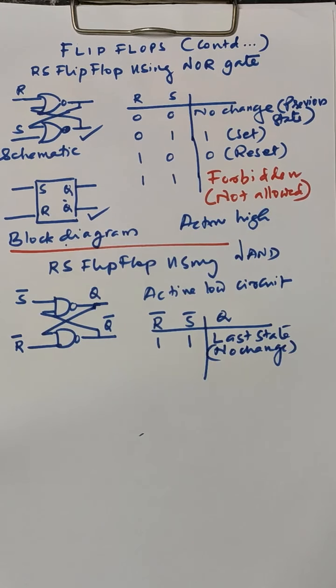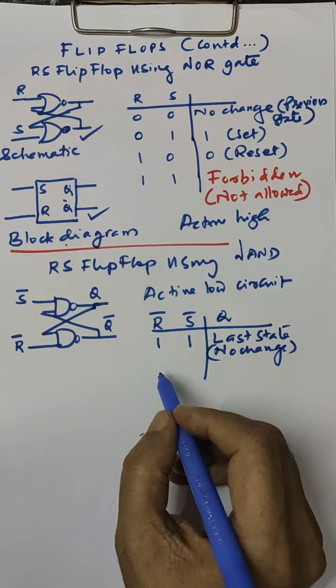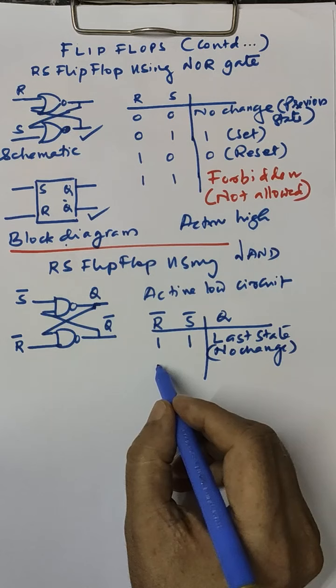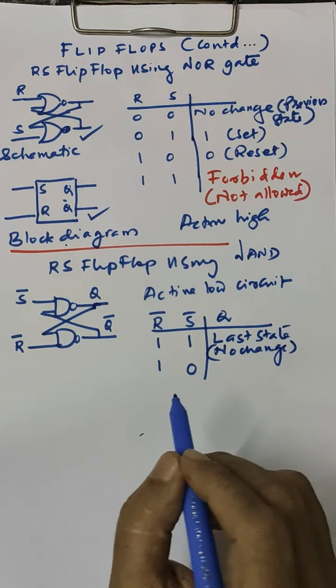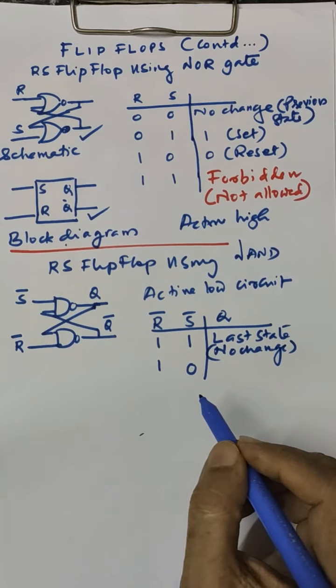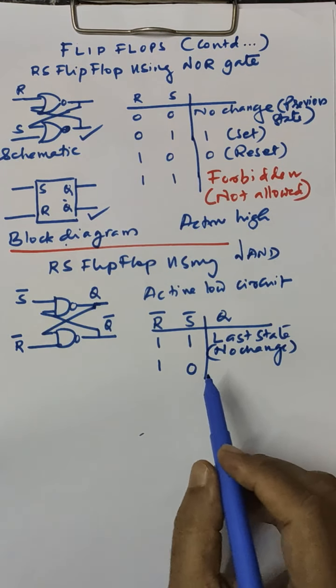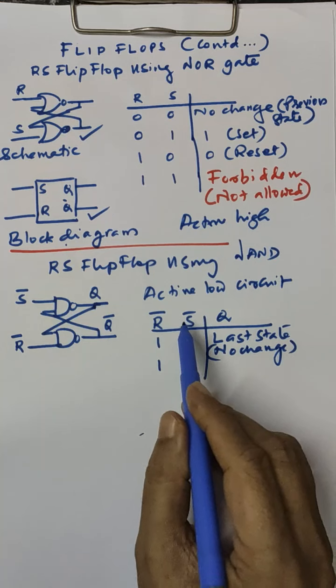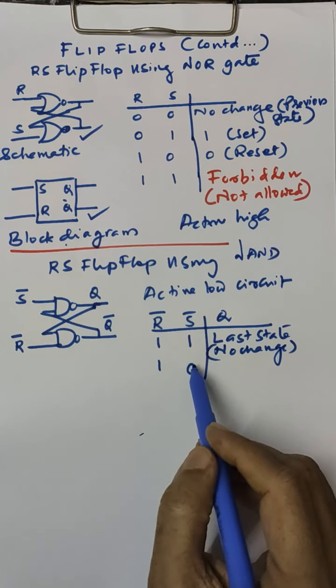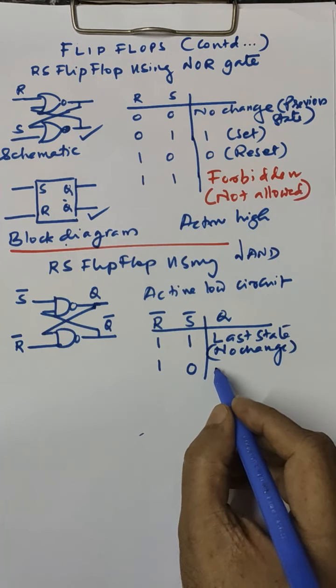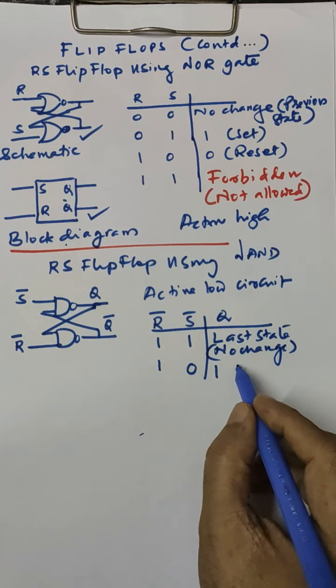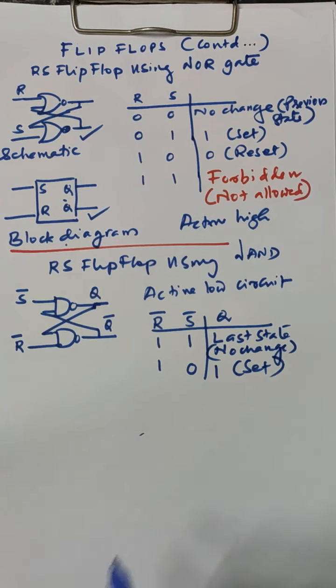Now, when R is equal to 1 and S is equal to 0, you can see that since this is active low, here S bar is 0, we will get a 1 output, that is the set condition.